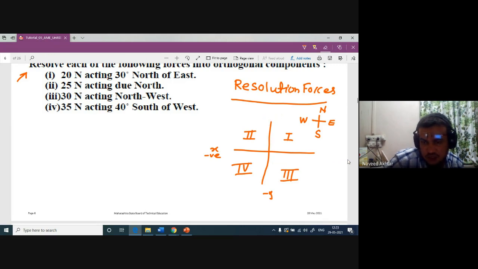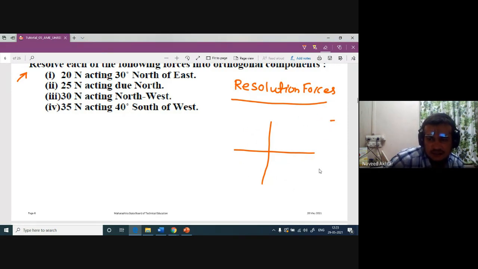Now you know positive x, positive y, negative x, negative y. I will write the directions, and you also know the four quadrants, first, second, and third. Now I will just show with the directions as we are showing.